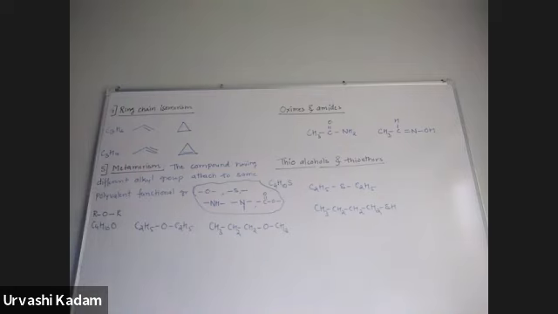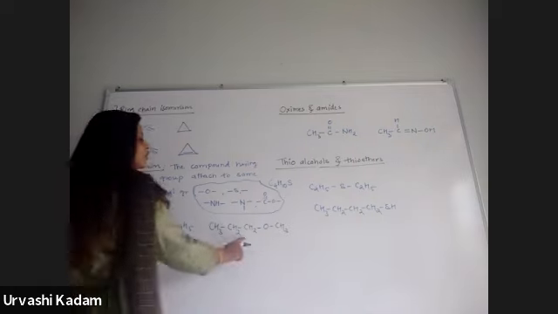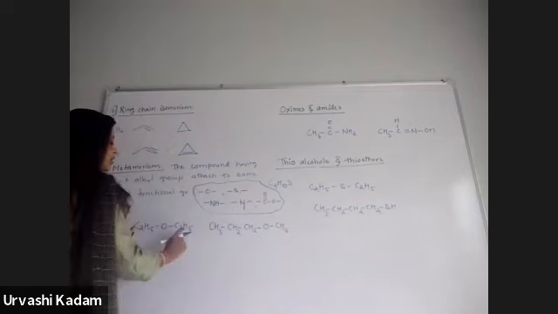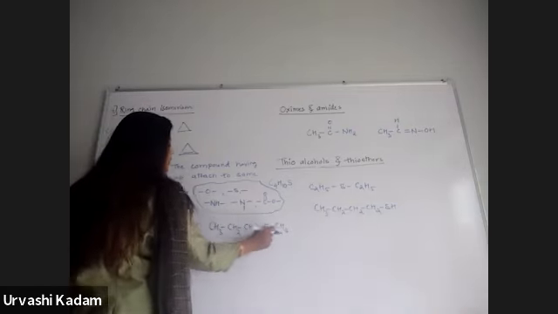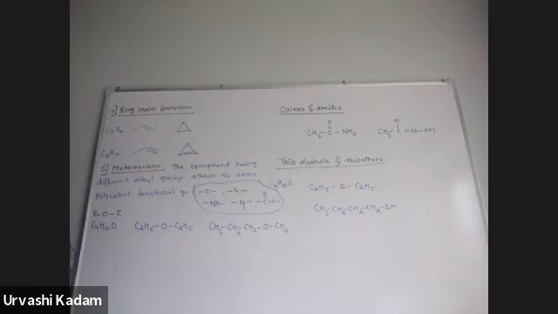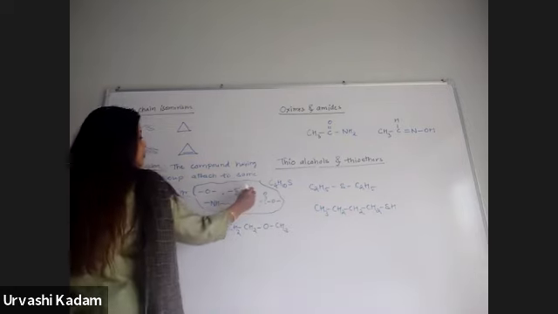Metamers. So what is the difference? Around the polyvalent functional group, the alkyl groups that are attached are different. Here you see two ethyl, here you see one propyl and one methyl. So around the polyvalent functional group, if the arrangement of alkyl groups is different, then those are pure metamers.